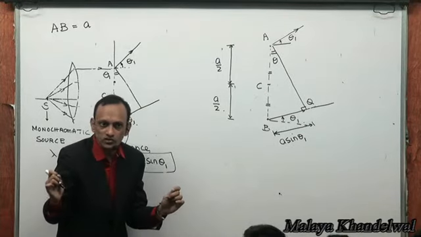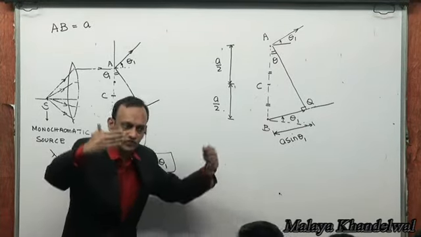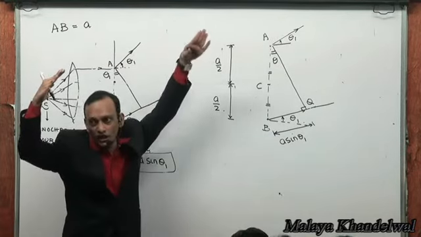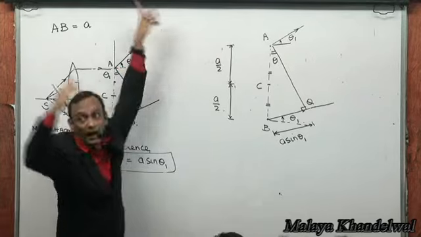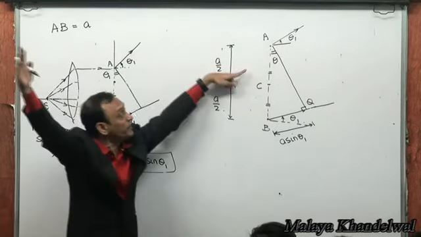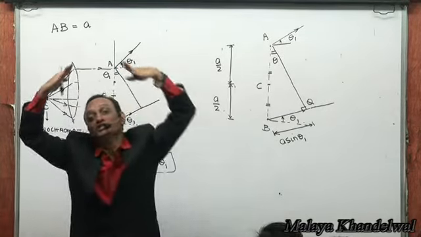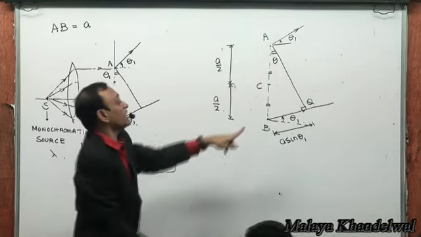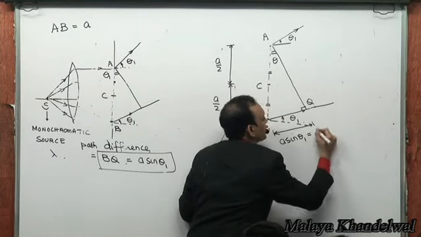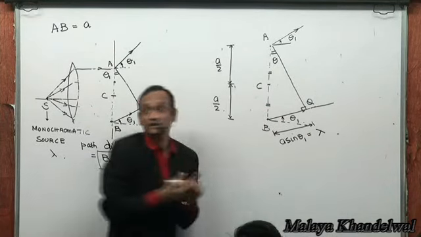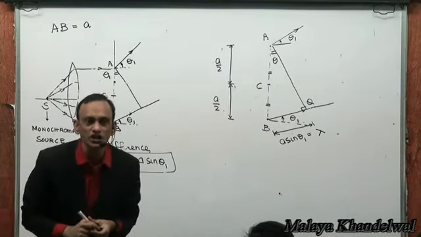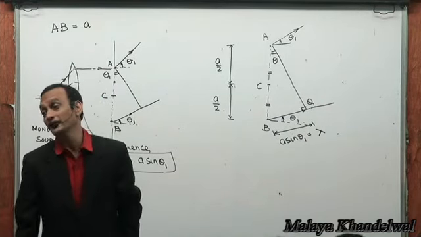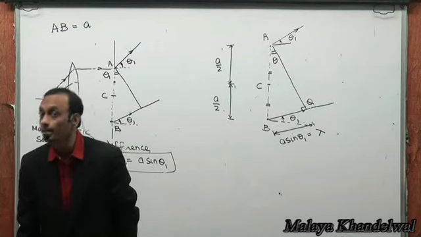I already have a fixed source S emanating waves of wavelength lambda, but I can on the screen select a point P for which the angle of diffraction is theta 1, such that A sine theta 1 is lambda, the wavelength of the wave.